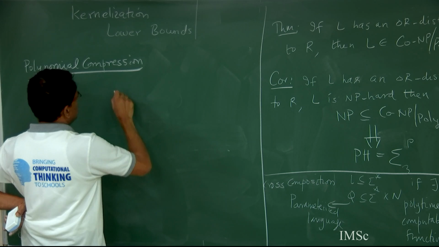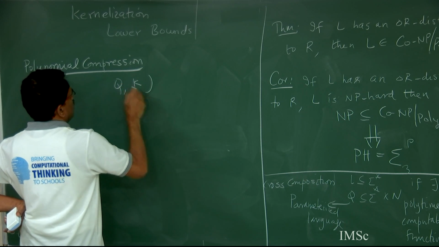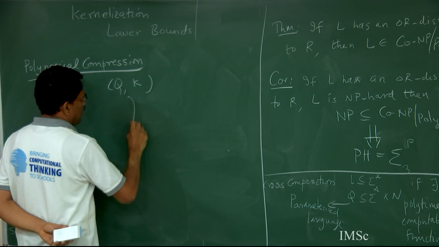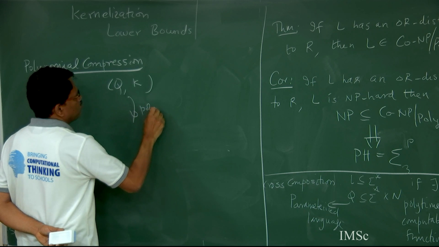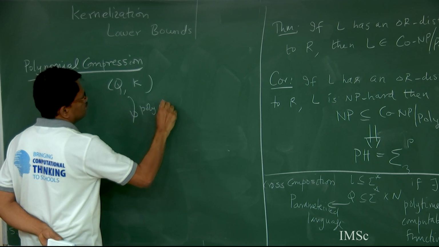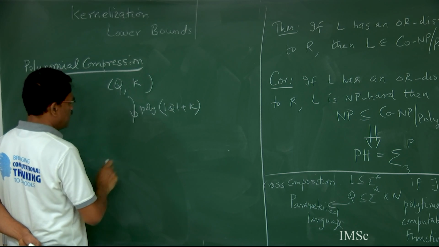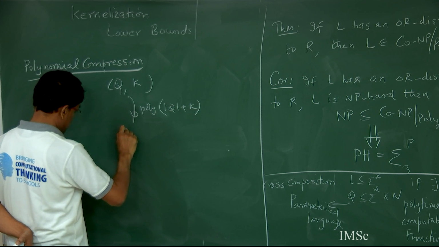We take a parameterized problem Q comma k, and it will not be a bad idea to just think of it as a graph and some integer k. You are allowed poly time, and you get to another language L.